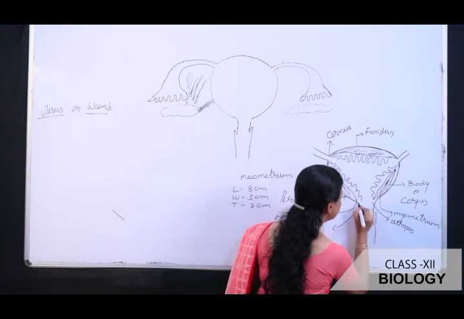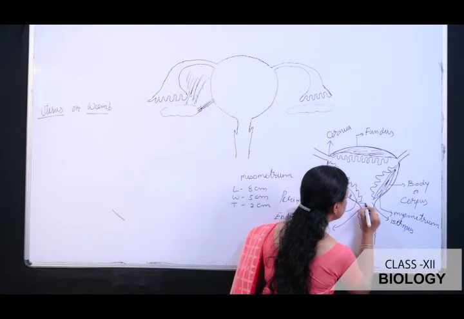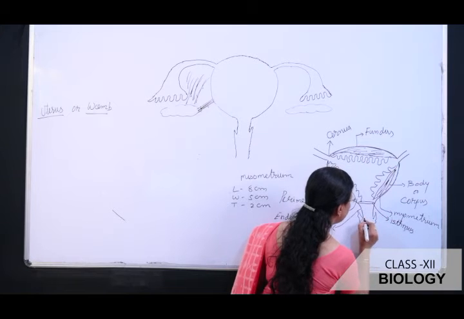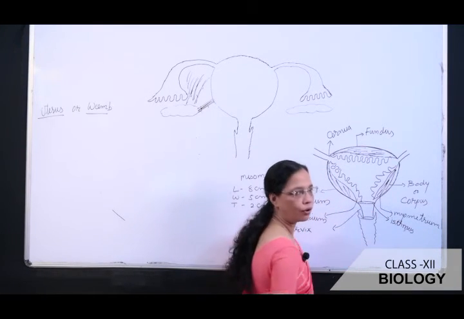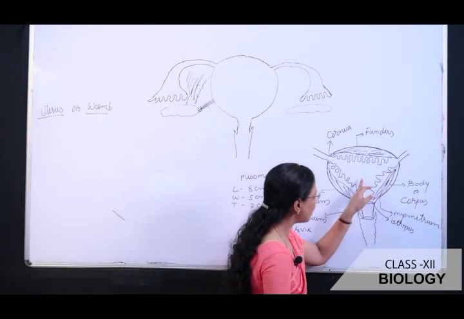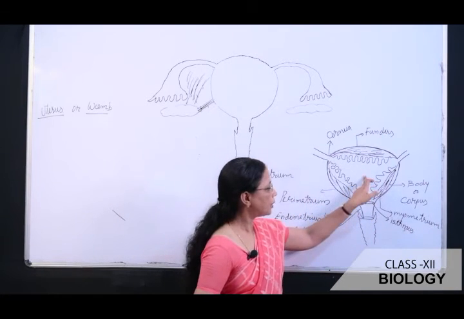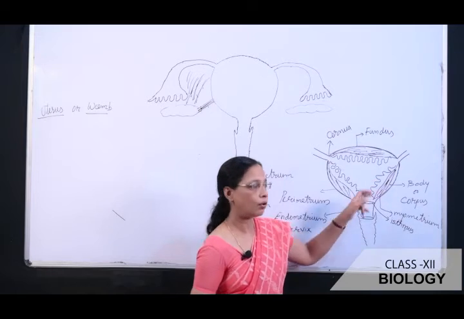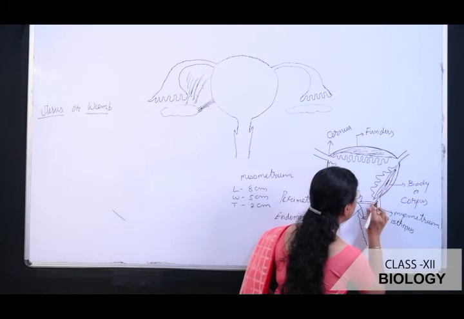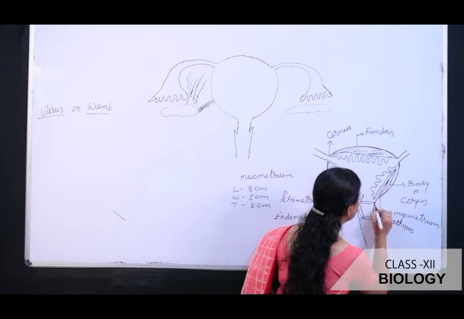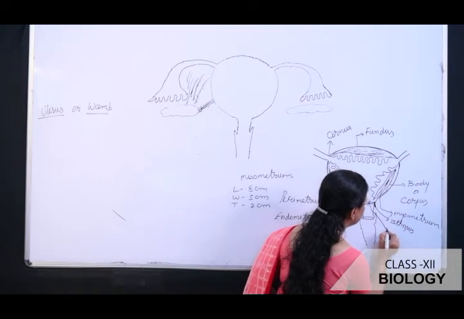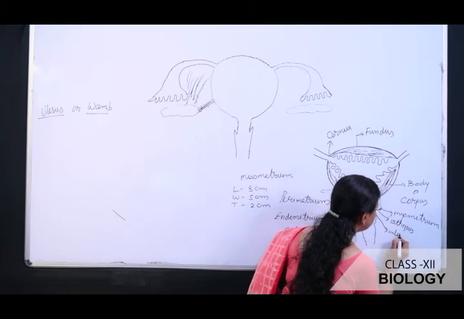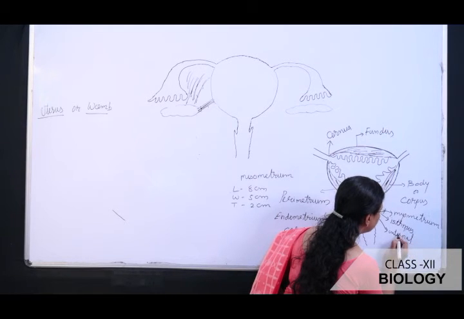Now, if you see carefully, you can see an opening over here. This opening, the region which communicates with the uterus, is known as internal OS. This is isthmus and this is internal OS.